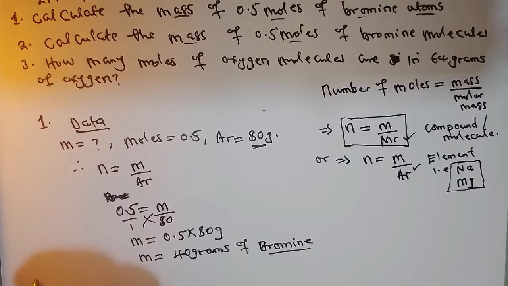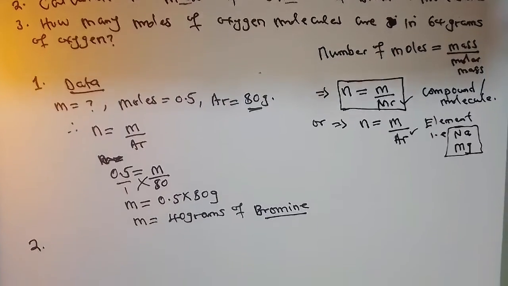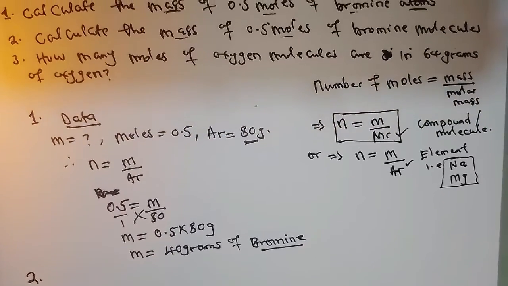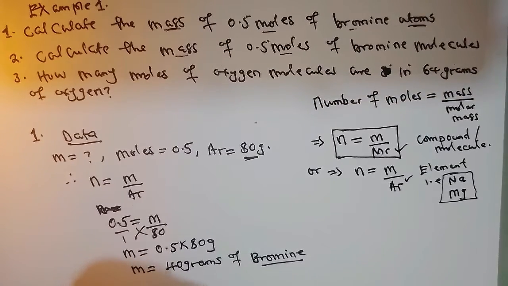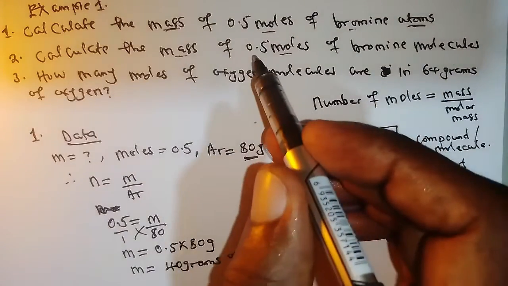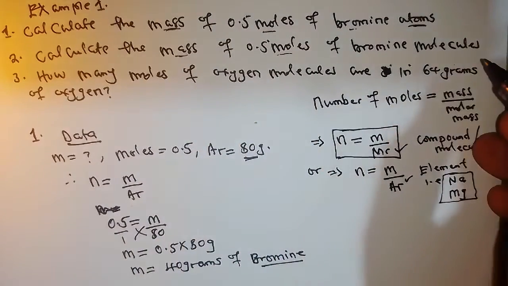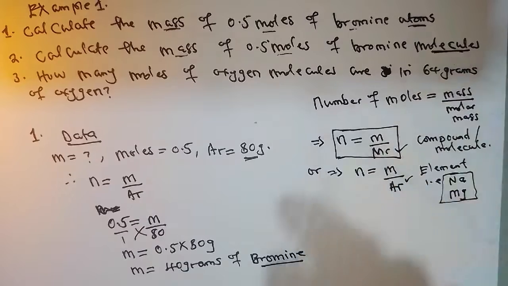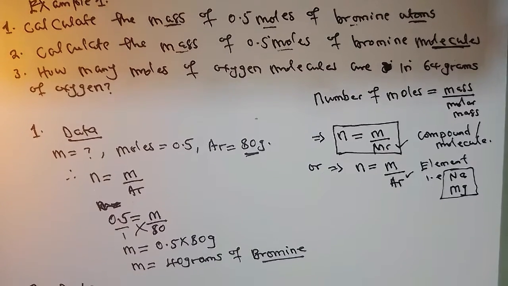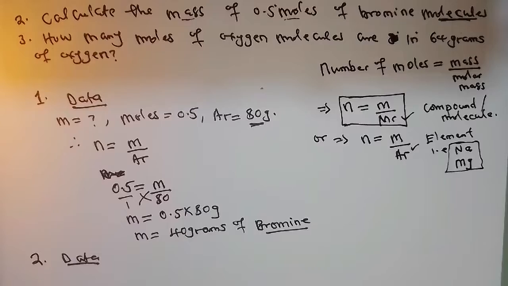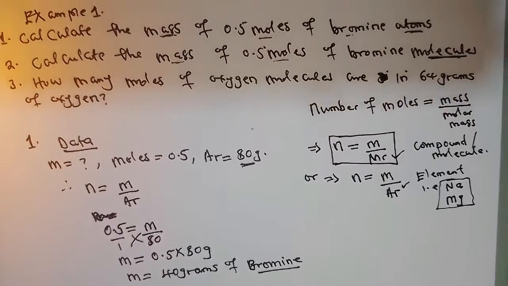On number two, when you go back to the question, first of all, collect the information. We have been given the moles, 0.5, and we are looking at the molecules. A molecule is a kind of substance that contains 2 or more atoms.